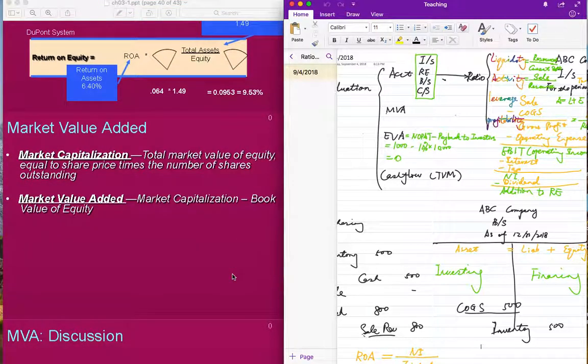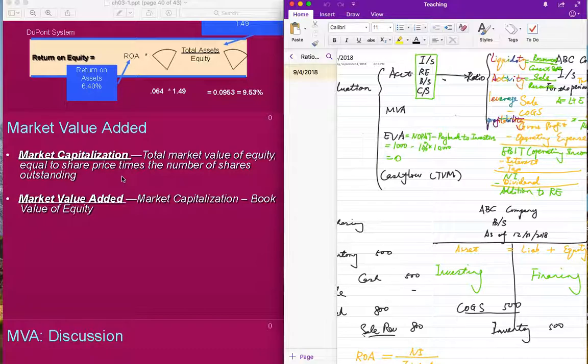So this is how the market sees us. Very simple. Market capitalization is the total market value of equity. What is the total market capitalization? Very simple, it is the share price at that time multiplied by the number of shares outstanding at that time. That will be the market view of our firm.